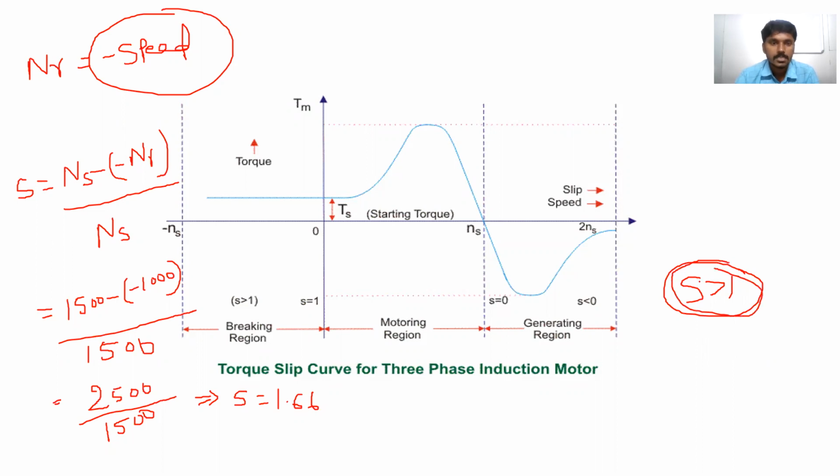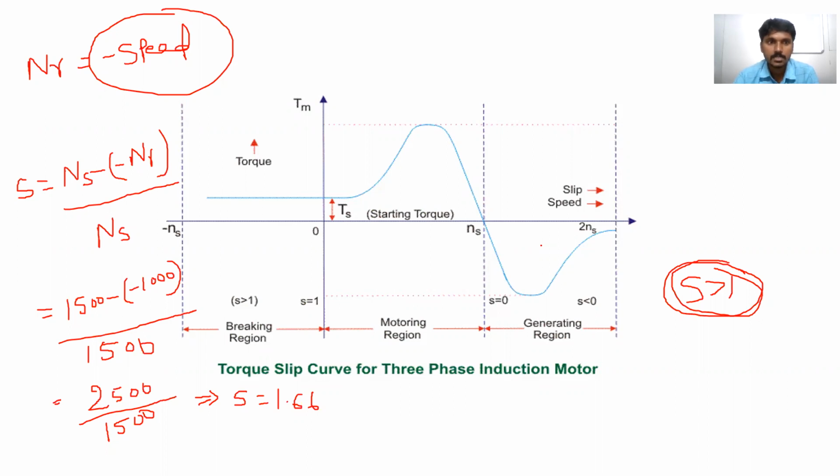So this is the speed torque characteristics of the three-phase induction motor. Simply, we have to remember: if the slip is between 0 and 1, it will work in motoring mode. If the slip is less than 0, it will work as a generator.